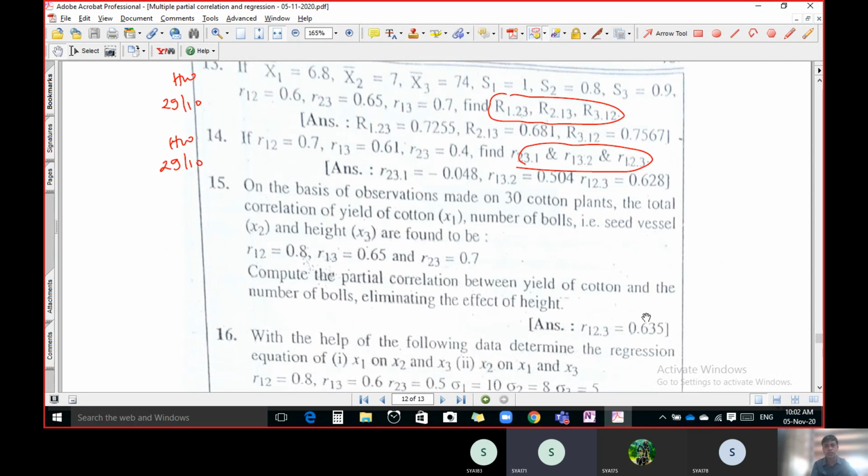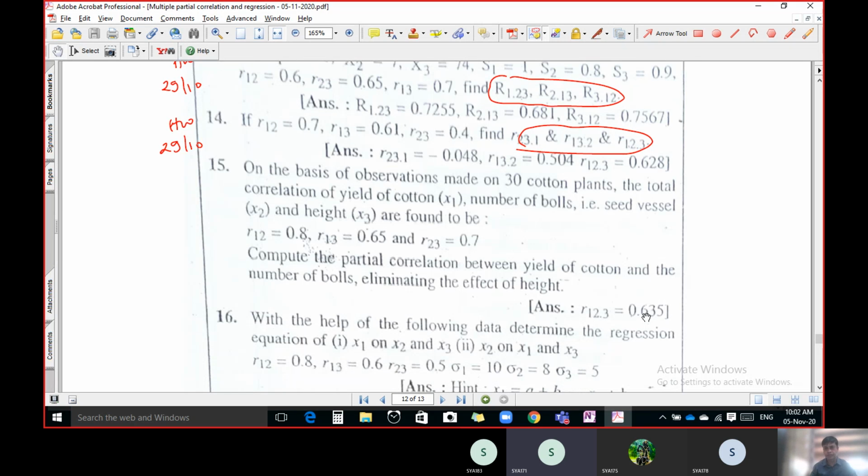Let us start this question. Question number 15. On the basis of observation made on 30 cotton plants, the total correlations of the yield of cotton, that is x1, the number of balls, that is x2, and height x3 are found to be: the relation between first variable and second variable is 0.8, between first and third is 0.6, between second and third is 0.7.